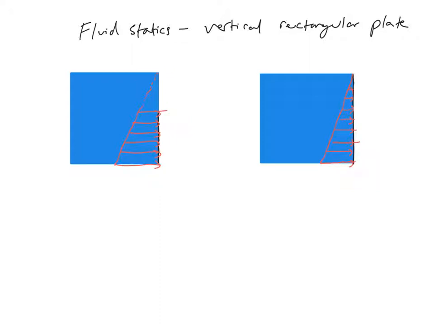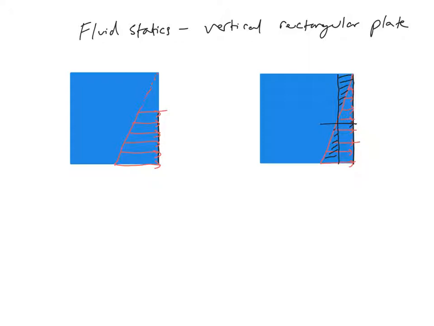So if we want to look at where the resultant is here, if we're trying to find the magnitude of the force, again we're going to do that at the centroid of the plate. If we try to figure that out here, which is half the depth, just like in the last case, we have an equal amount under and over on both sides.